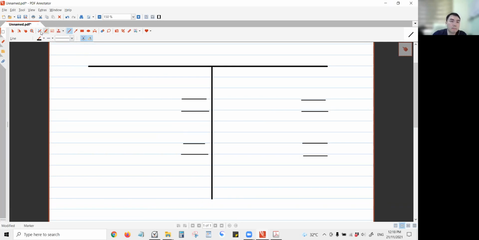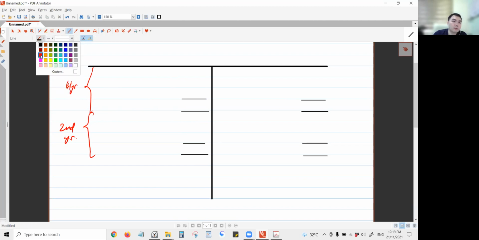Let's say here is the first year, and whenever you have drawn the lines, it indicates the beginning of the following year. This is the second year. Okay. And let me draw the borderline for you. This is the borderline, which indicates the start of the second year, okay, and the end of the first year.